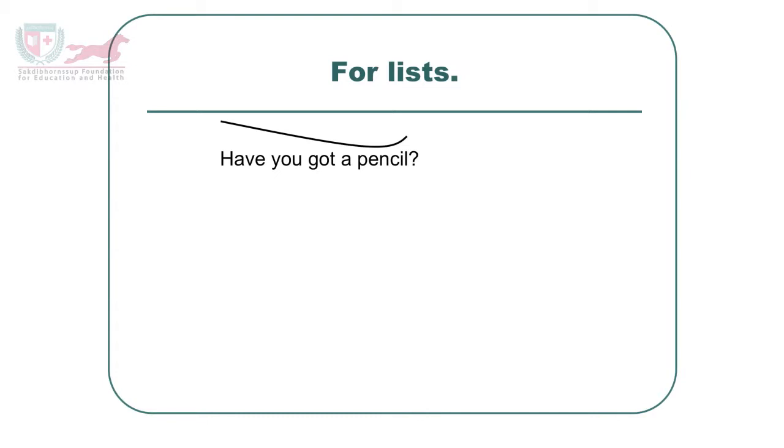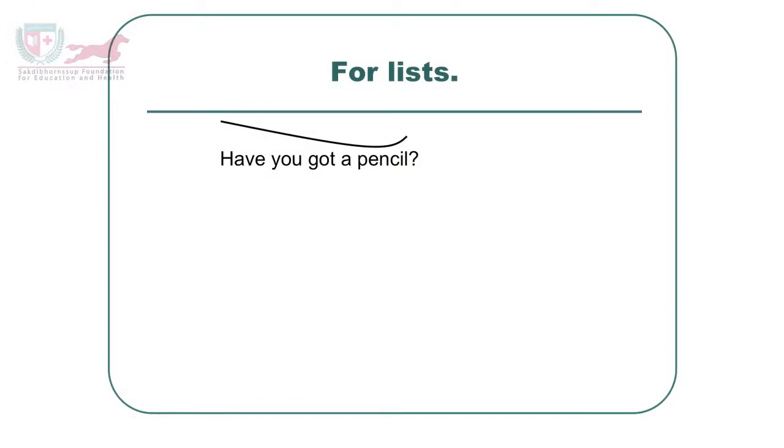Yes, I've got a red one. We've got the same answer repeated. Have you got a pencil? Yes. Have you got a pencil? I've got a red one. It's the same thing. Different words, but the same meaning. So it has the same intonation. Have you got a pencil? Yes.